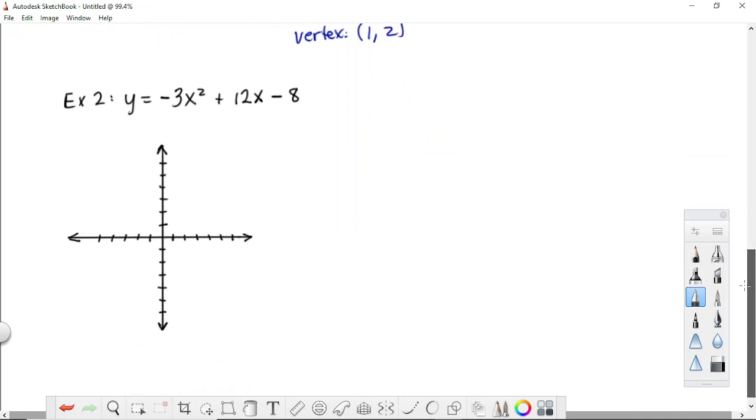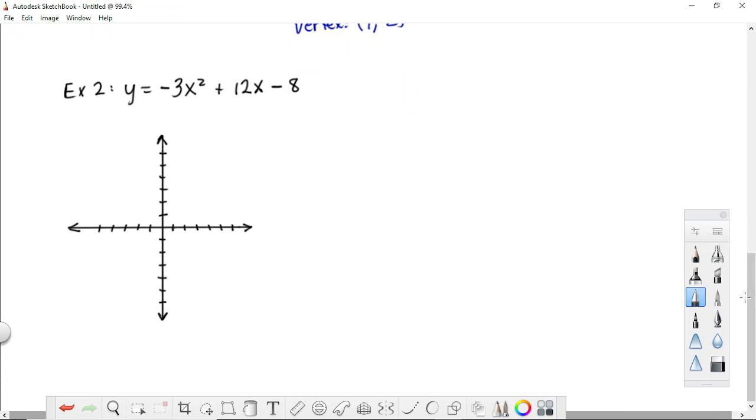Somewhat similar problem. Sketch this. Notice coefficient of A is negative this time, so this is going to open down, right? So let's see, let's calculate the coefficients of the vertex first. We use the formula that we just learned, negative b over 2a.